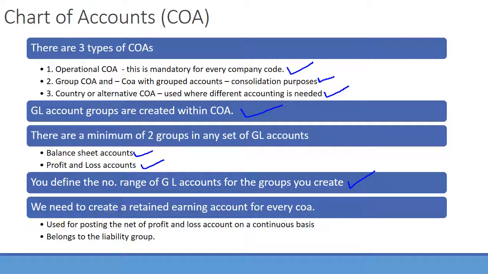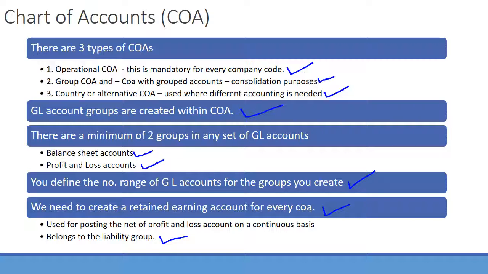So finally, we need to create a retained earnings account for every COA. The retained earnings account is used for posting the net profit and loss on a continuous basis. At year end, the balance will be transferred to the capital. Therefore, it belongs to the liability group. So the chart of accounts is the base for creating GL accounts.